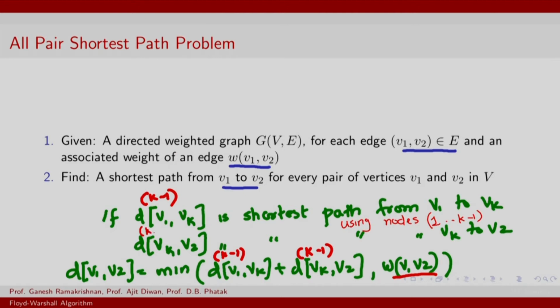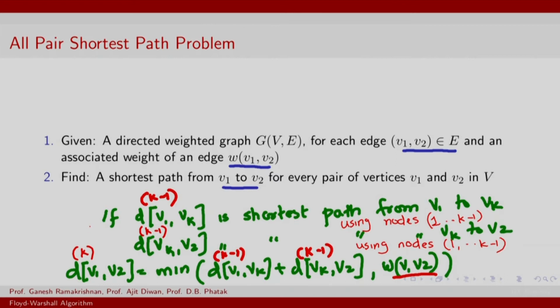Similarly, if d k minus 1 vk v2 is the shortest path from vk to v2 using nodes 1 to k minus 1, then we will estimate the shortest path from v1 to v2 using the first k nodes, d k v1 v2, as the min of the sum of the distances using k minus 1 nodes from v1 to vk and vk to v2 respectively, or it could be the direct weight on the edge v1 to v2.